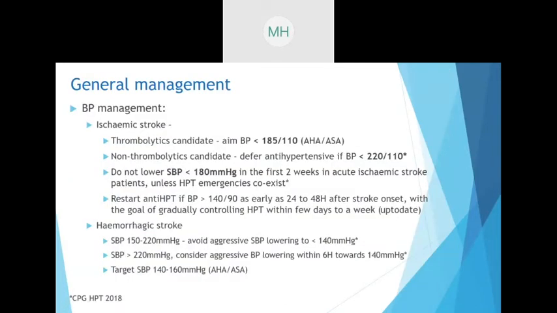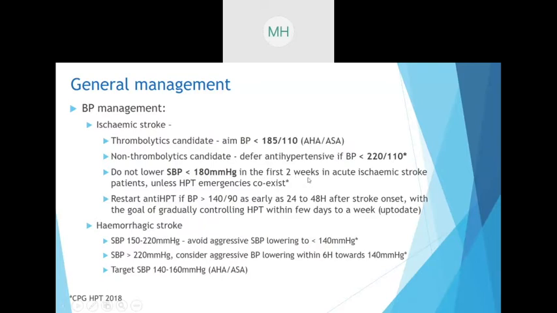So for BP management, I have divided into ischemic and hemorrhagic stroke. For ischemic stroke, if the patient is a good thrombolytic candidate, we must aim for BP less than 185 over 110. For a non-thrombolytic candidate, we defer the antihypertensive if BP is less than 220 over 110.